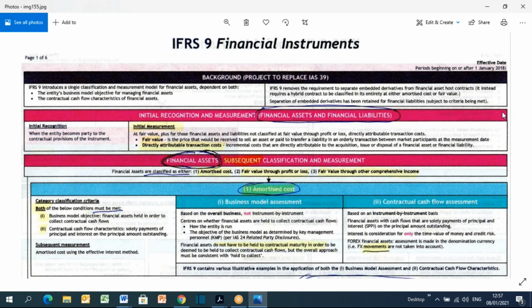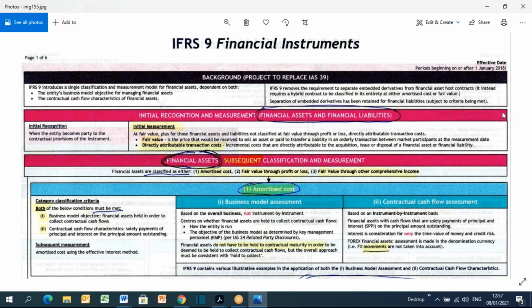But if you have this clear in your head, and I believe that these video notes were so good for the IFRS 9 standard, because on a few pages, as you can see here, it gave you everything you need to know about this standard, all in one place, so you can go easily here and review the information.